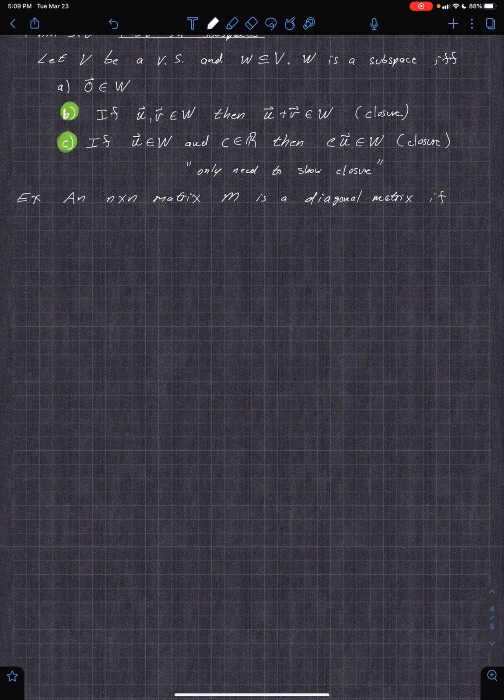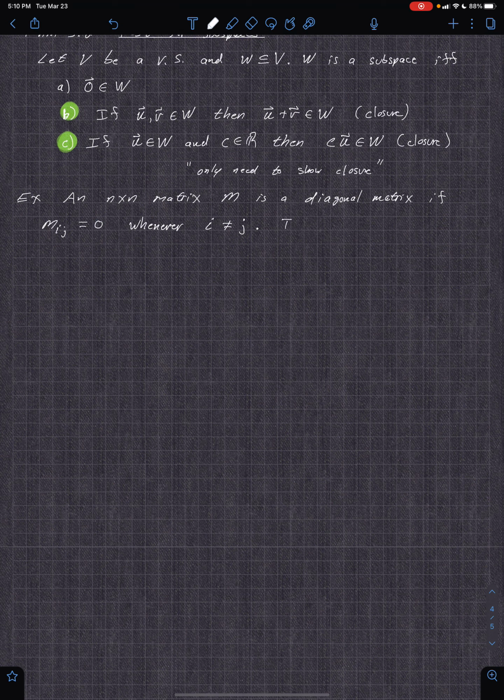The way you can write that is: if the entry M sub ij is equal to 0 whenever i does not equal j. So think about what that would mean.